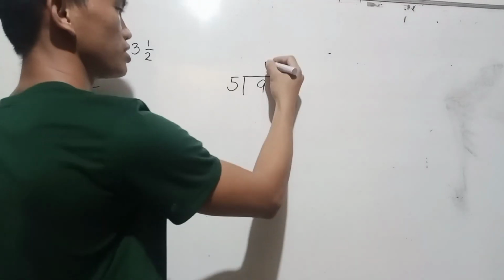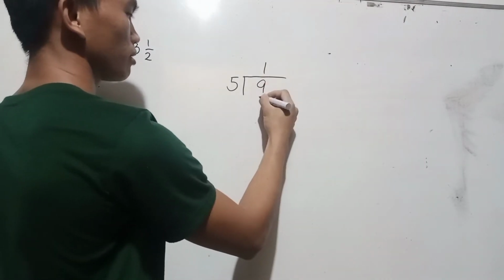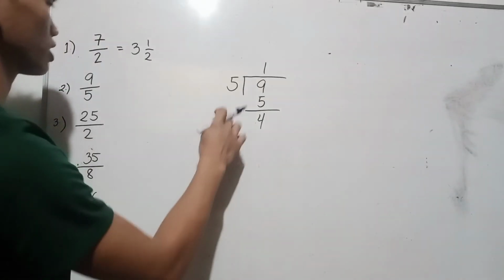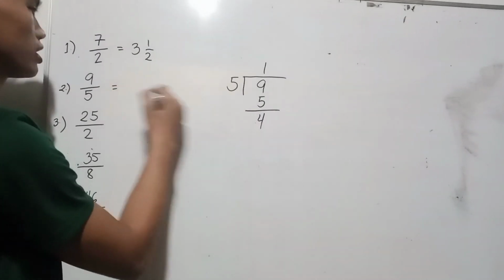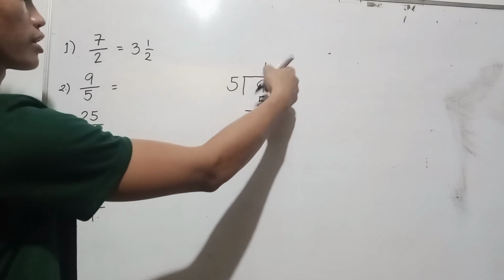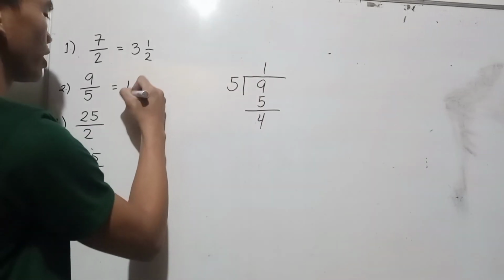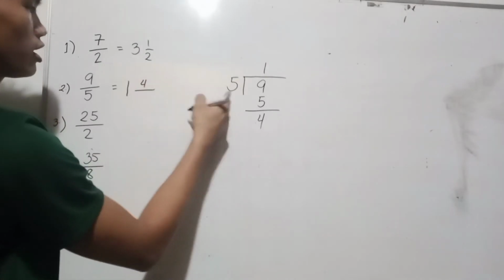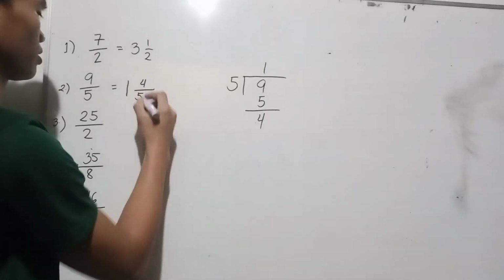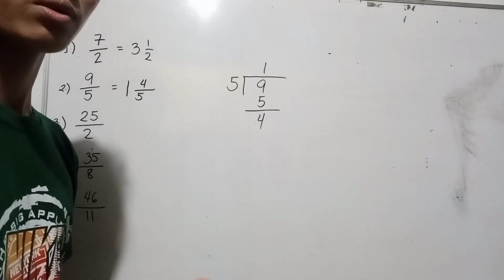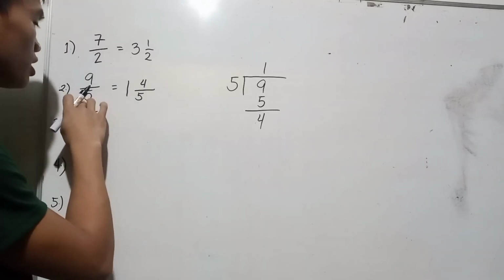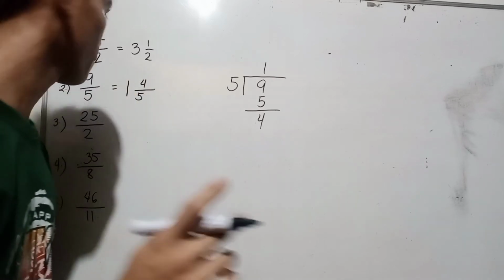The answer is 1. 1 times 5 is 5, and the remainder is 4. So it goes like this: the quotient is 1, the remainder is 4, and the divisor is 5. For you not to be tricked by this, think that the denominator must stay equal to the divisor.